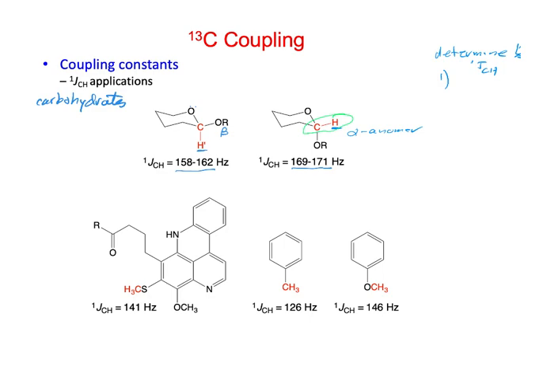Wait, it wouldn't be inverse, it'd be the gated decoupling, I think. Yeah, so we could just run a coupled C13 spectrum, and for those carbons we'd get a doublet, and we could measure the distance. All right? But there was another way that we talked about earlier that might work for this as well.